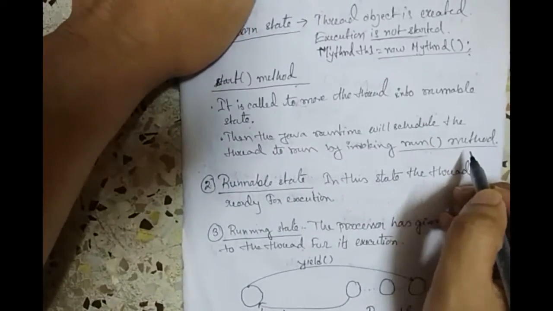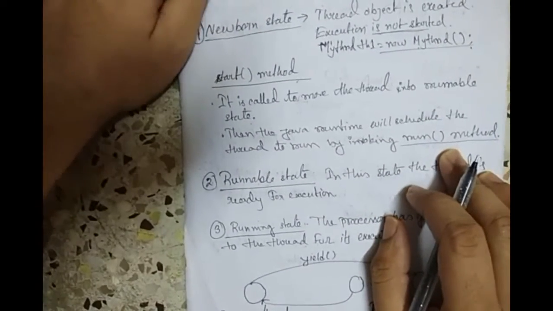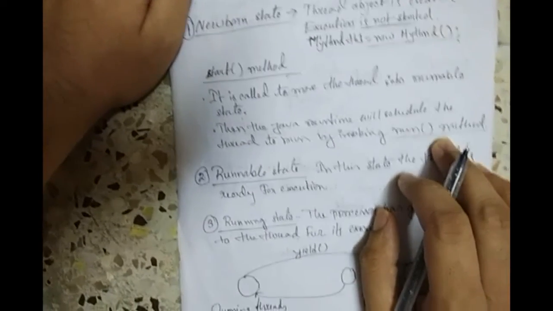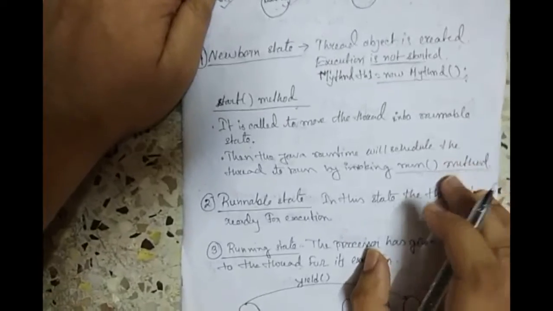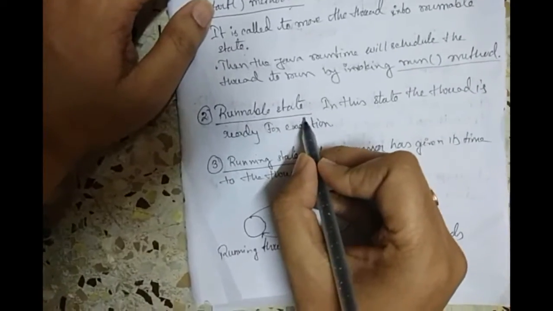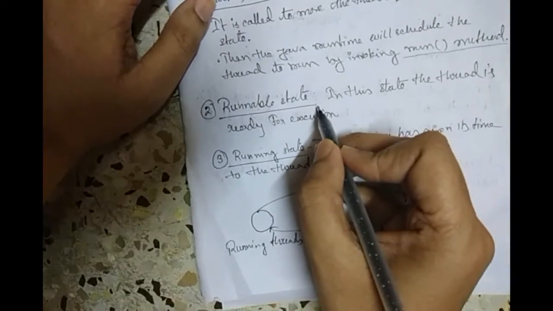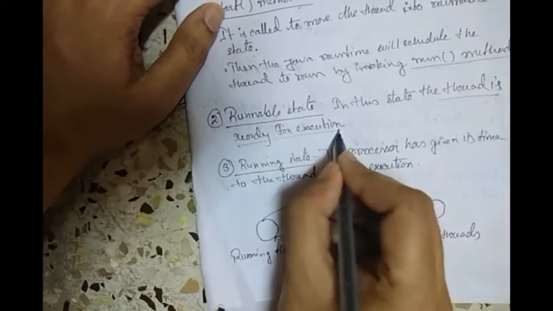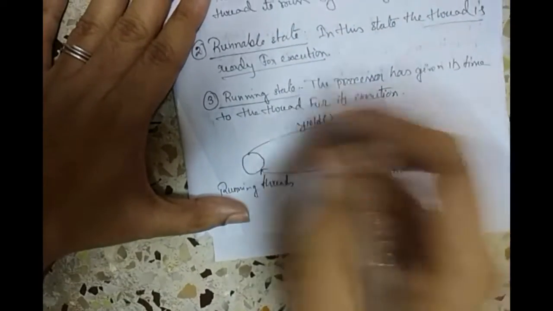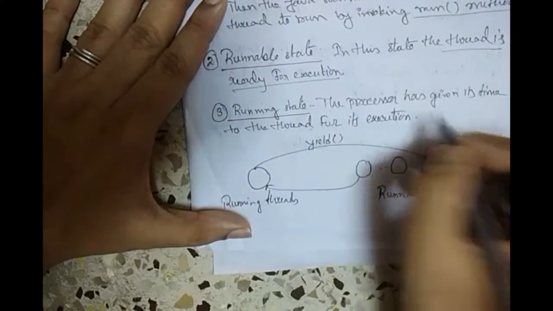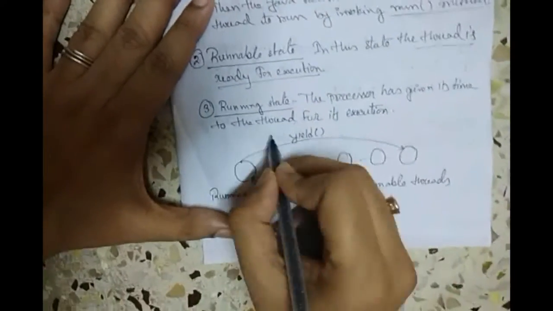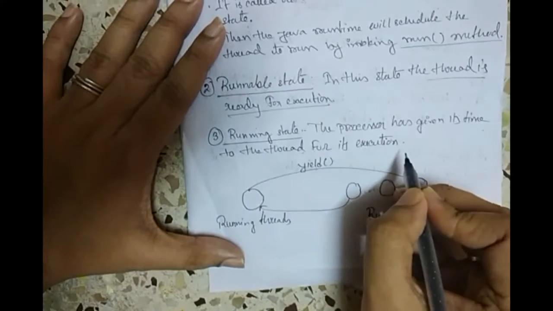In the previous class we told that the start method will invoke the run method. The runnable state is the state where the thread is ready for execution, but it is not running. Next, in the running state, the processor has given its time to the thread for its execution.